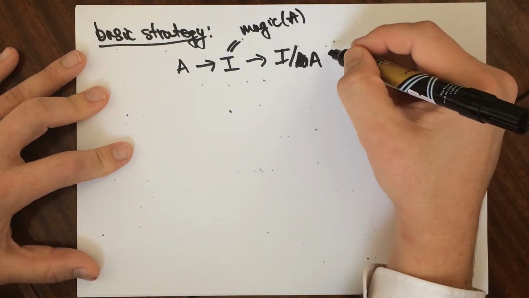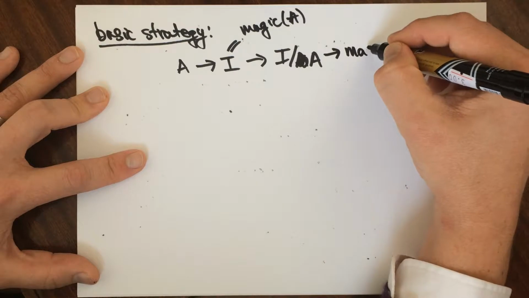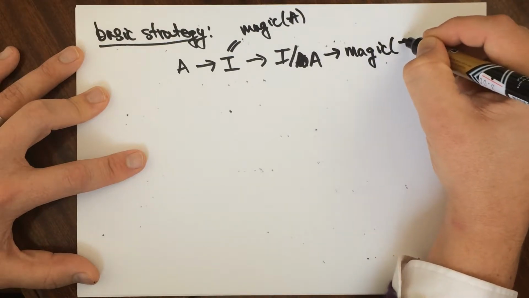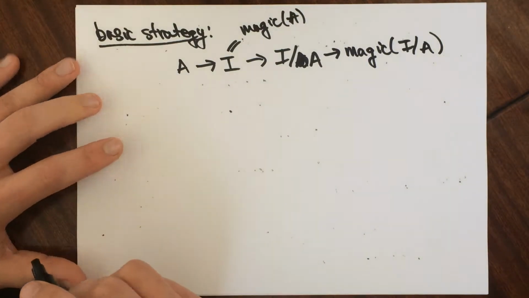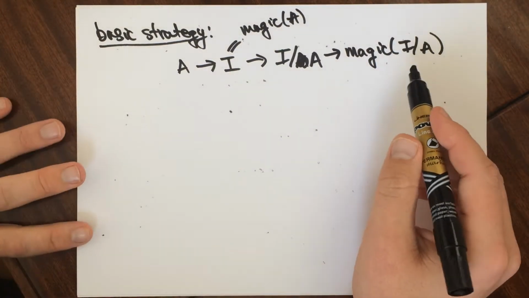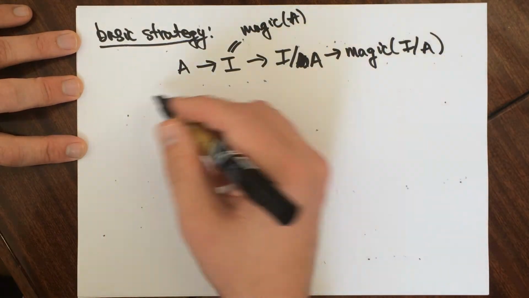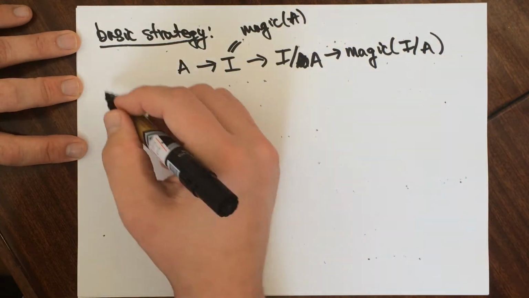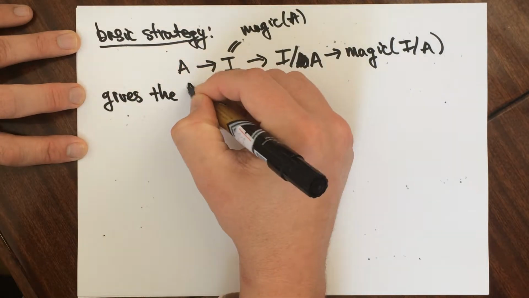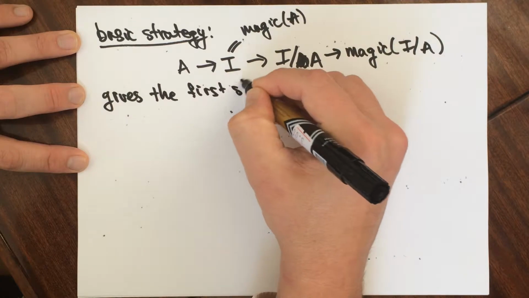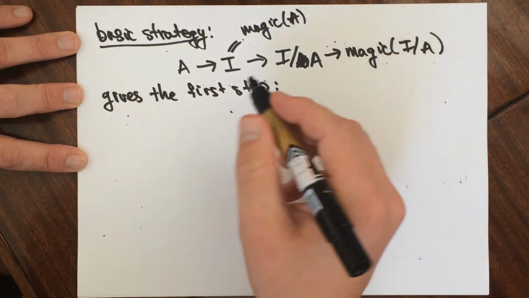Then we can apply magic again, and we can stick this guy injectively into this guy here, like this. So then we have the first step, or the second step, depending on what you want to call it.